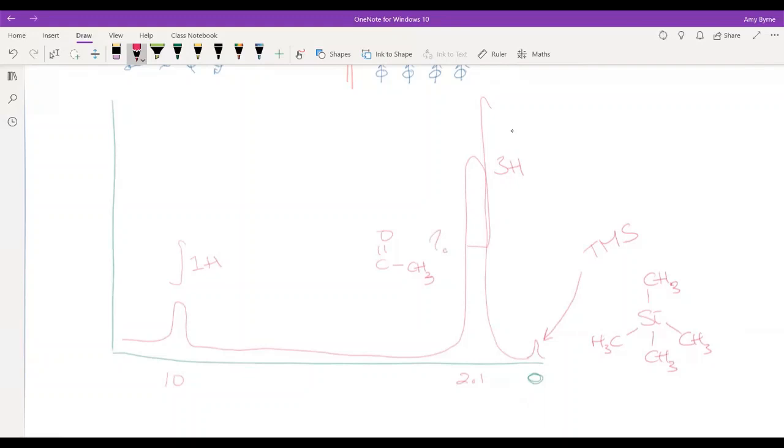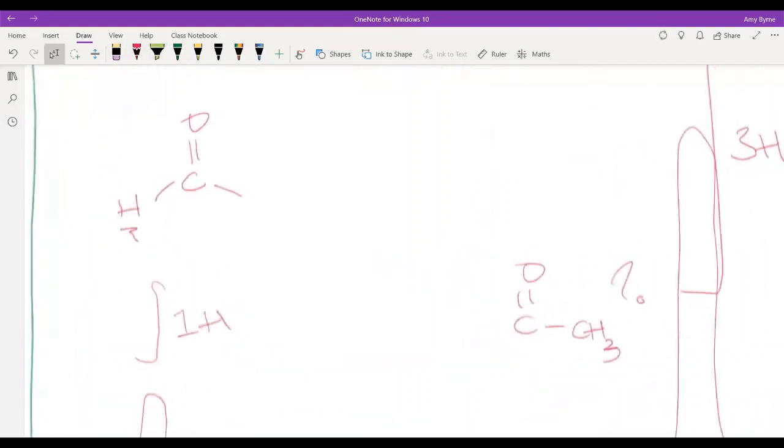So at 10, that could be an oxygen to hydrogen on a carboxylic acid, or it could be this hydrogen here that is attached to a ketone. Sorry, aldehyde. My apologies. So, do these 2 half molecules that I've drawn make sense together?